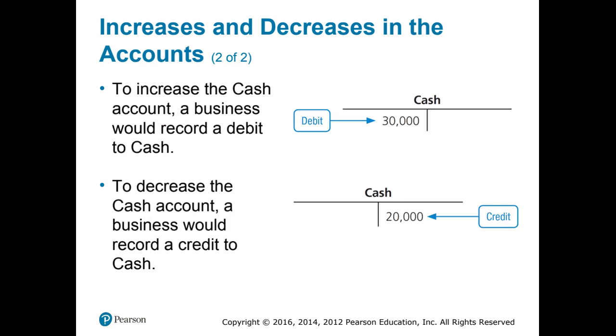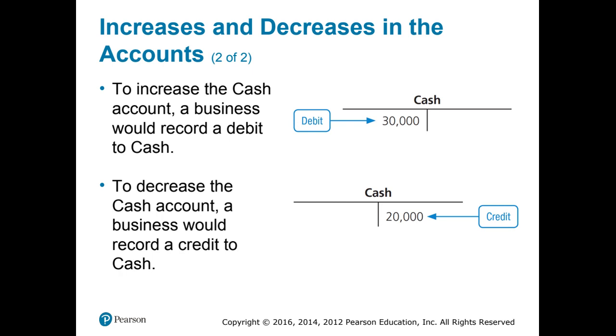So here we are increasing the cash account. If we want to increase the cash account, we're going to debit the cash account. So we've debited the cash account for $30,000, increasing it by $30,000. Here we are crediting the cash account by $20,000, taking the $20,000 out. Maybe we paid something for $20,000. This is very similar to our examples in Chapter 1, where we started with the owner.